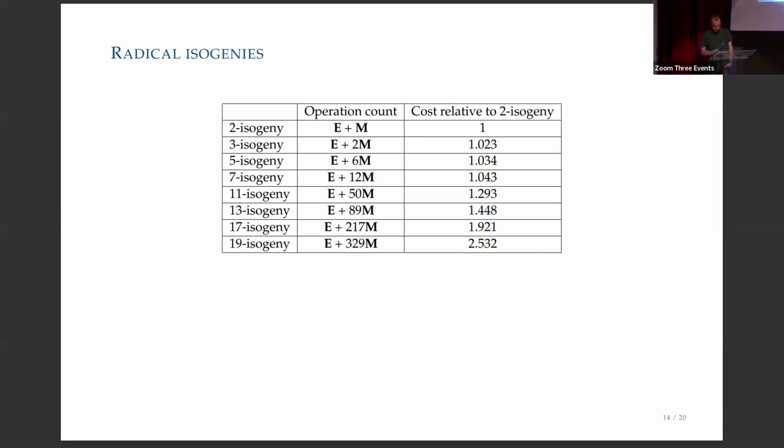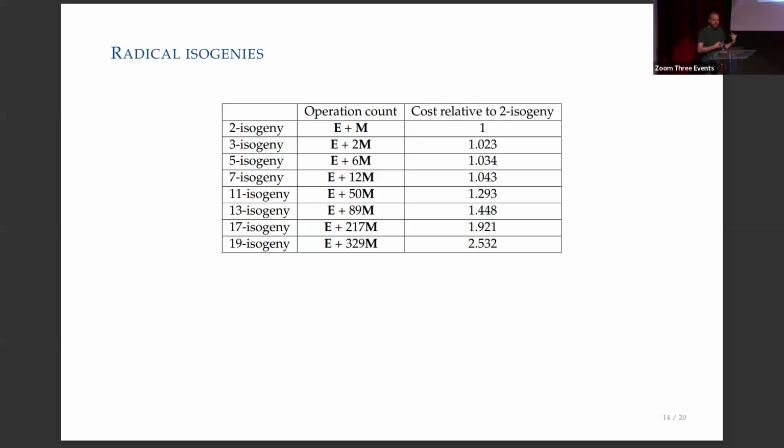The problem seems to be that the higher the degree of the isogeny, the more extra work we have to do. This E stands for the exponentiation, so drawing the radical, which is a fixed cost. It's always one radical that you have to draw. But the amount of multiplications really grows a lot. The 329, for example, is already a lot of multiplications.